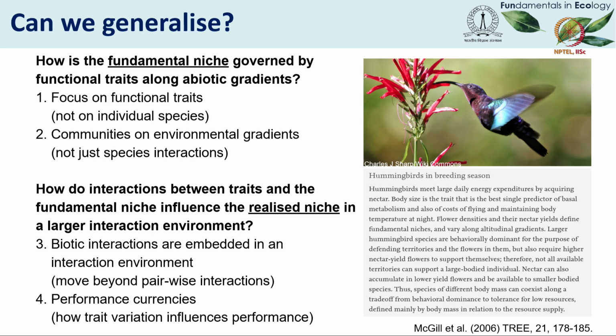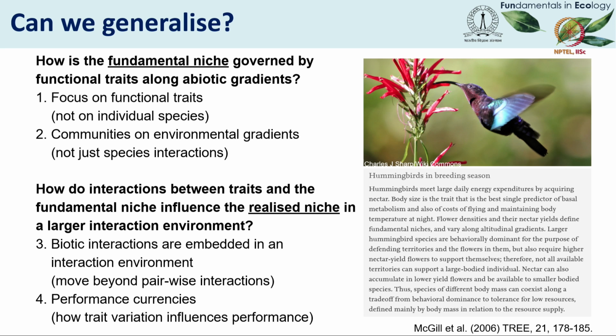So the realized niche is smaller than the fundamental niche. And that could be the outcome of biotic interactions, interactions between species, like competition or predation, and how those interactions actually influence performance. So a species might be able to compete better at 500 to 1000 meters above sea level, and therefore it is still found there.